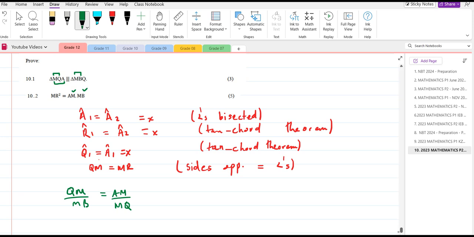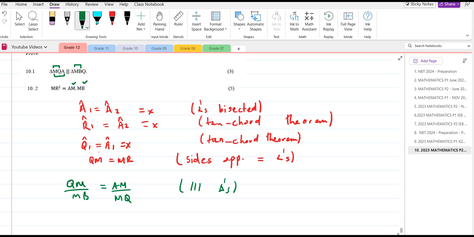The reason for this is because of similar triangles, which we proved from above. Now cross multiplying, QM squared is equal to AM times MB. But now QM is equal to MR. Problem solved.